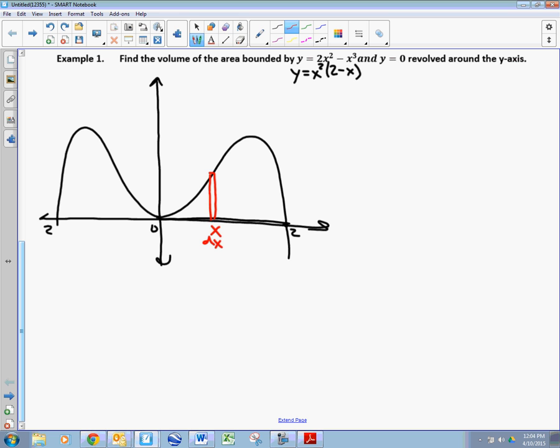Dx is the width. I rotate it around the y-axis. And I get that shell, or that casing, as you said. Yes.